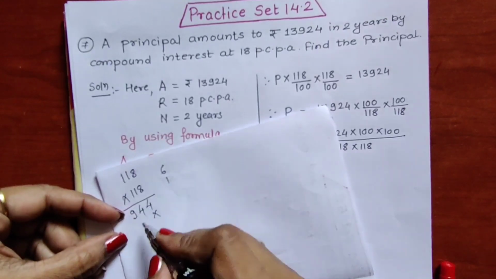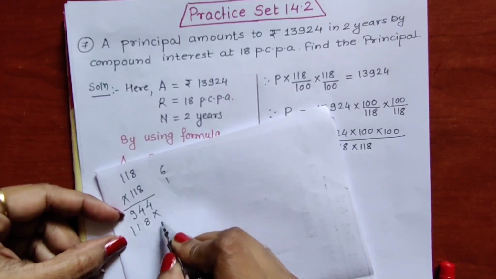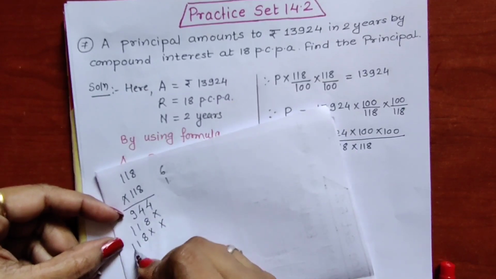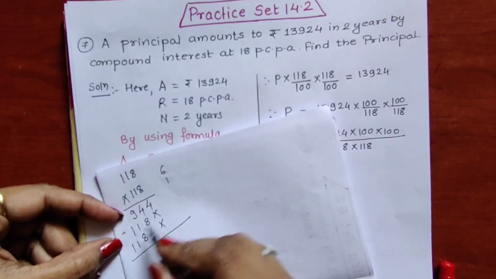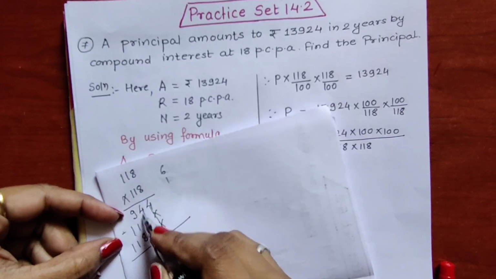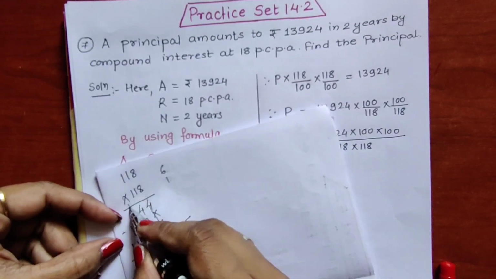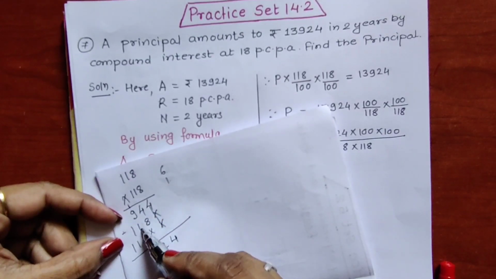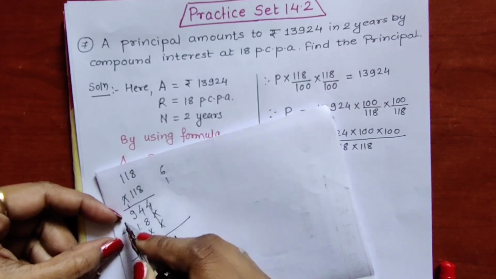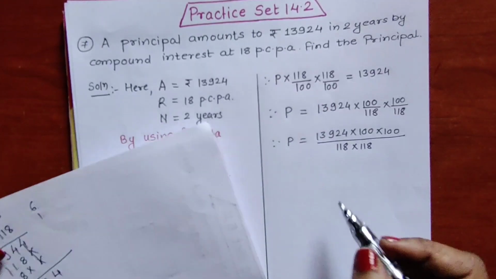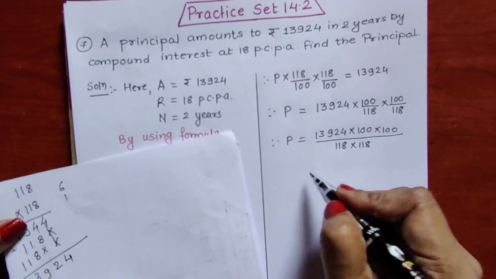Multiply by 1 means same number will come, 8 1 1. 2 cross. Multiply by 1 means again same number will come. Now add 4 plus 8 12, 1 carrying, 9 plus 1 10, 10 plus 1 11, 11 plus 8 19, 1 carrying, 1 plus 1 plus 1 is 3, and this one as it is. 13,924 we are getting as the multiplication of these two numbers.